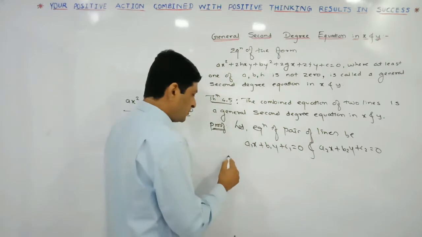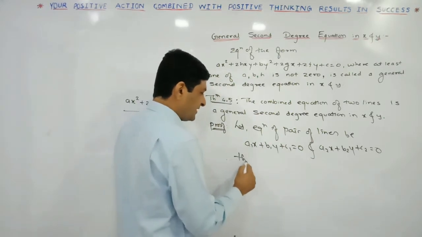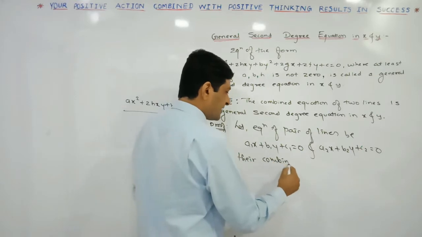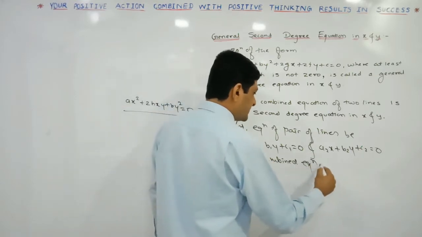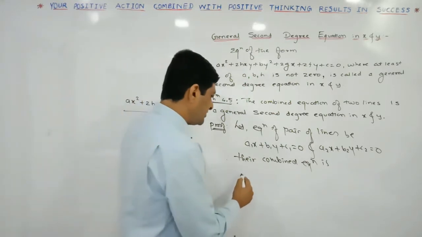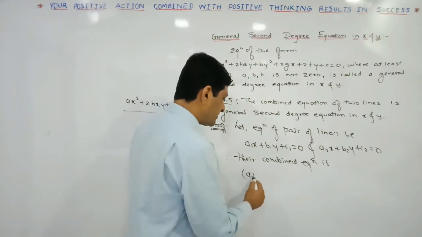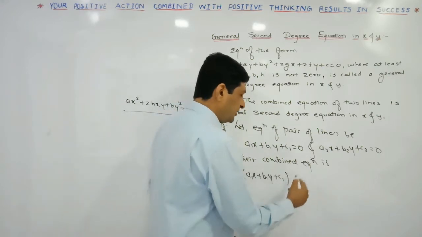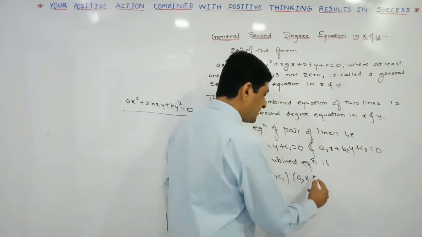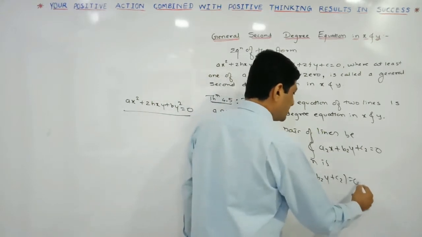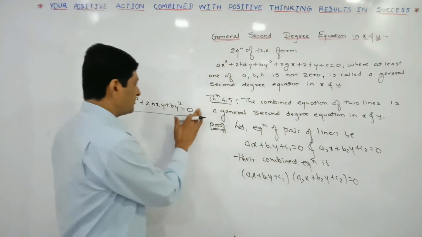If the equations of the two lines are known to us, then to find their combined equation we have to take the multiplication of these two equations. The first equation is a1x plus b1y plus c1 into the second equation a2x plus b2y plus c2 is equal to 0. Now take the multiplication of these two equations.